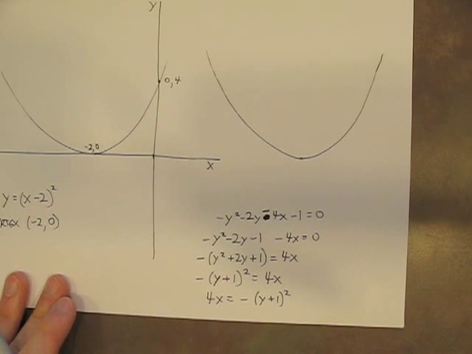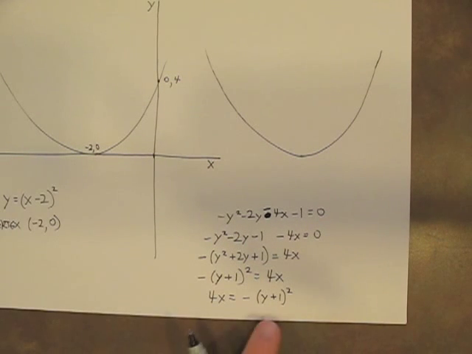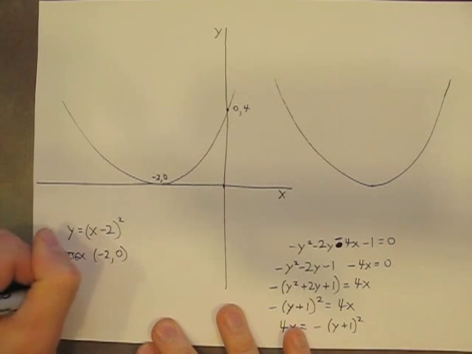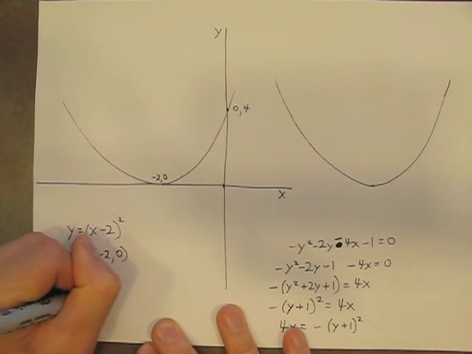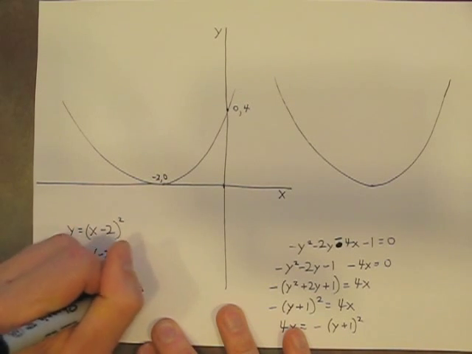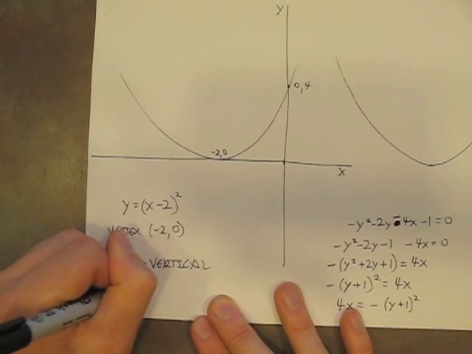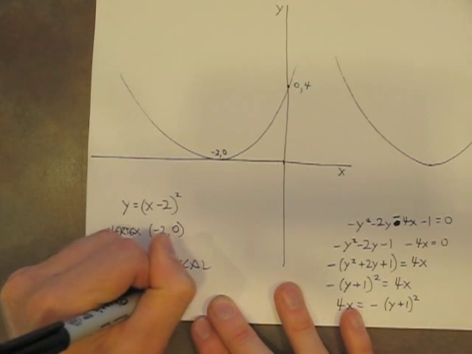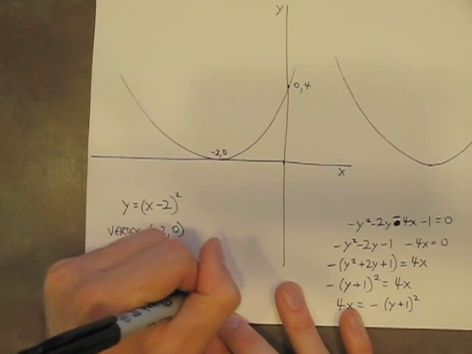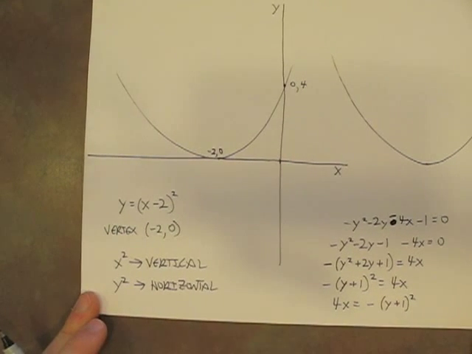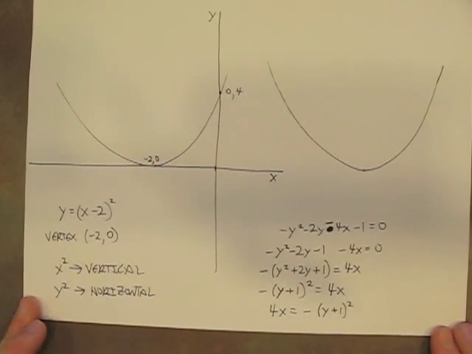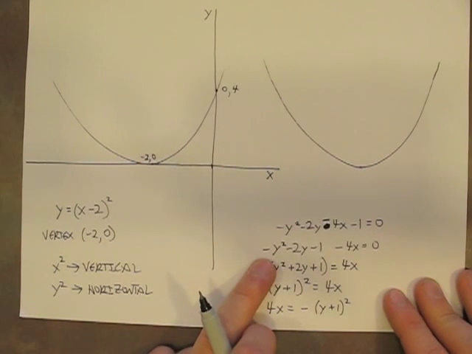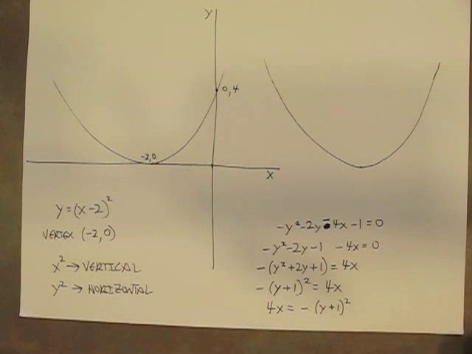So now I've given you a difficult one. Because the y is squared, it's going to open horizontally. x squared means vertical, y squared means horizontal, and because it's negative y squared, it's going to open to the left.